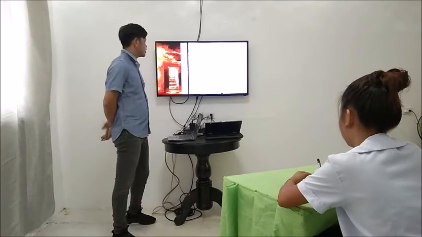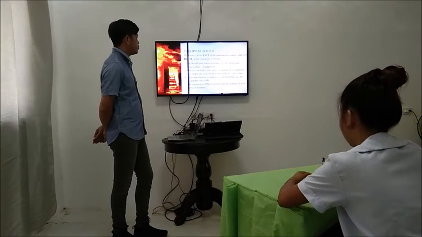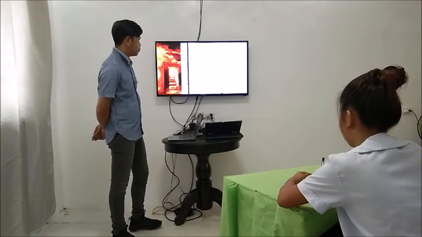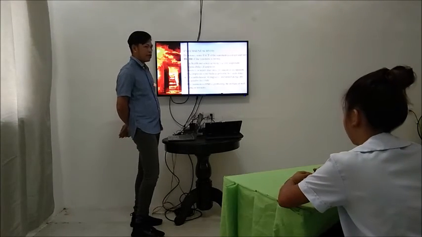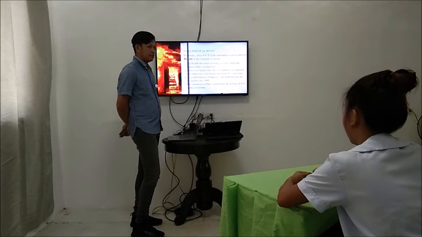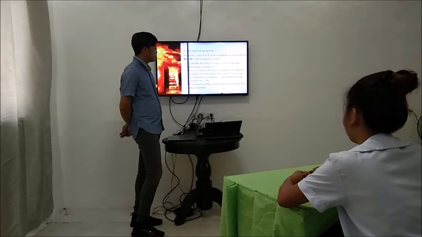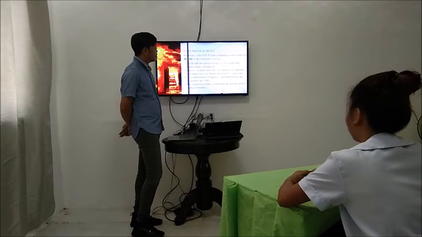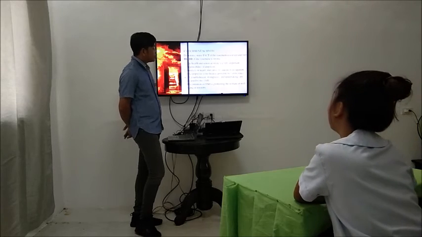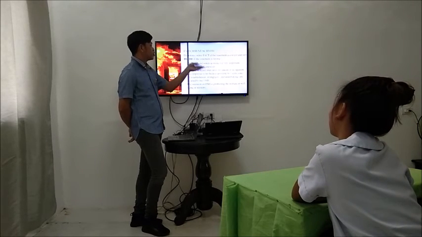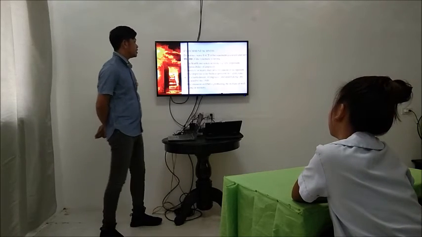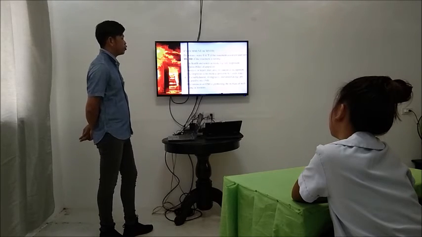Okay, for number one, it says the health and safety at work is the very important responsibility of the employer. Is it fact or bluff? Bluff. It's not only the employer but also the employees. Number two, sickness or injury may arise by reason of occupation.